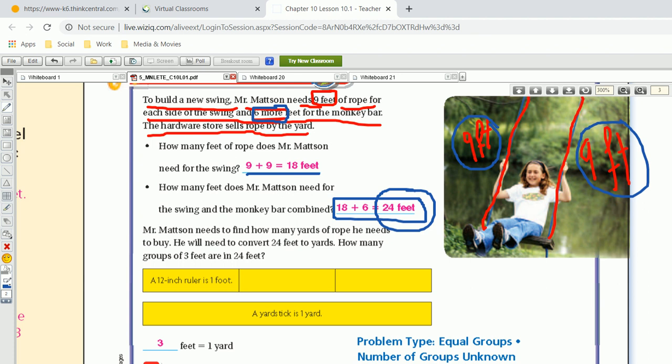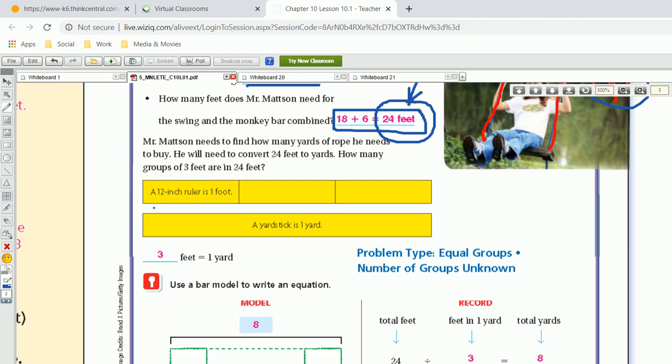We have to convert the 24 feet into yards because the hardware store sells rope by the yard. So we have here a 12-inch ruler that equals 1 foot.